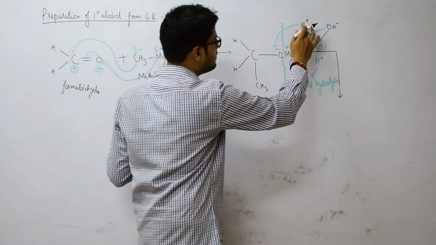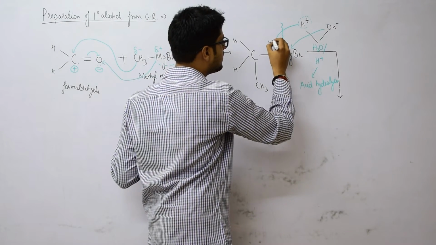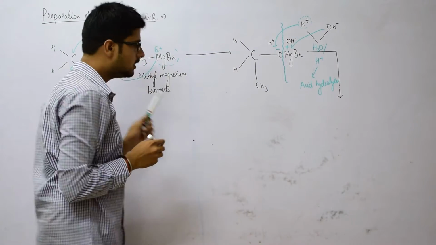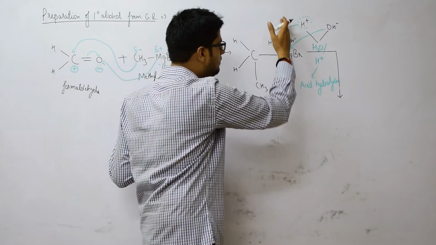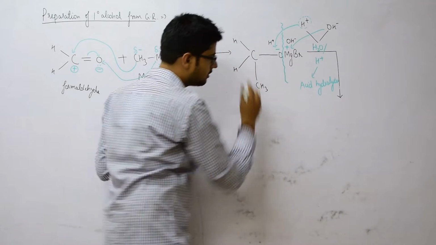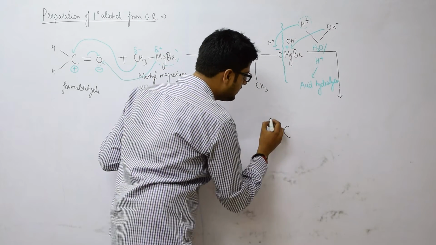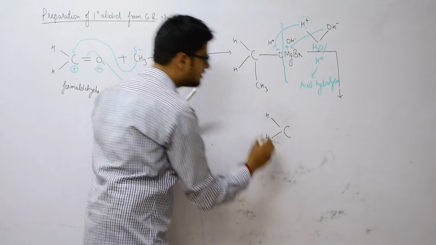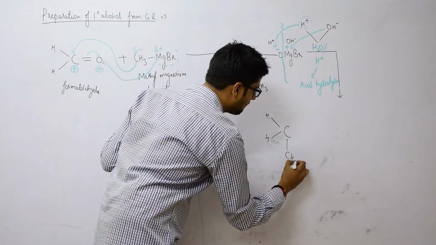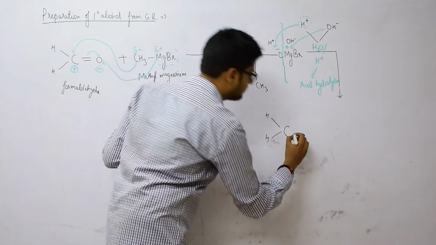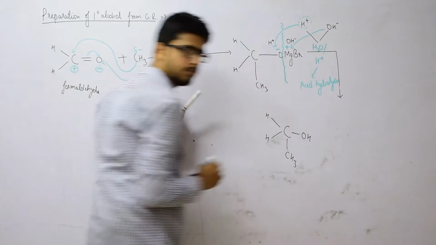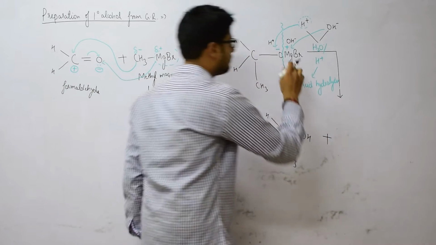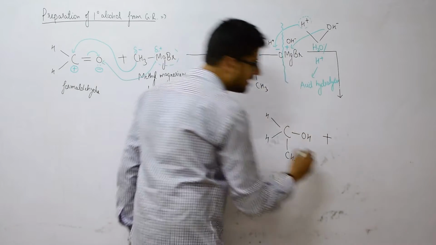So our product will be carbon, hydrogen, and this CH3 group, and here it will be OH. And our next product will be MgOHBr.